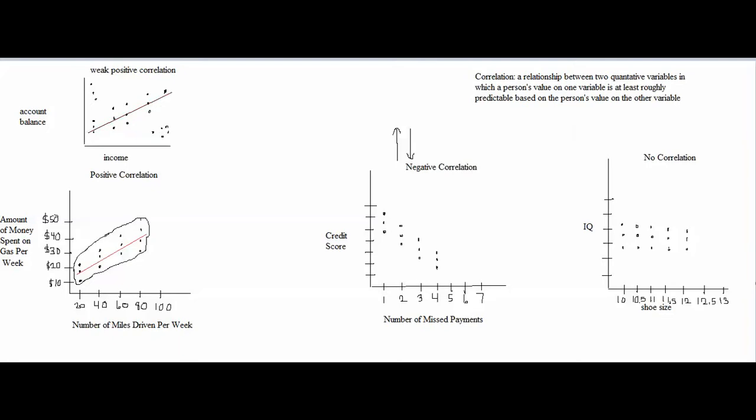So I said I was thinking that this would probably be a strong positive correlation, meaning more consistent, and this one up here would probably be a weaker positive correlation, meaning it would be a lot less consistent.